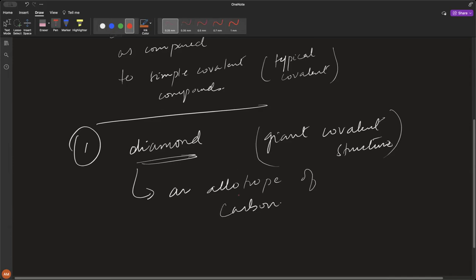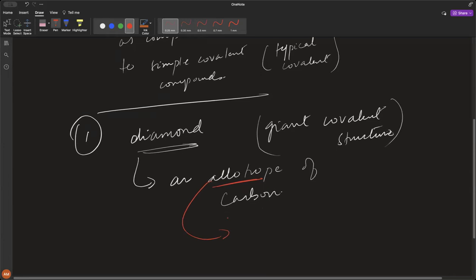What does allotrope mean? What are allotropes? Allotropes are different forms of the same element. You understand this, everyone?